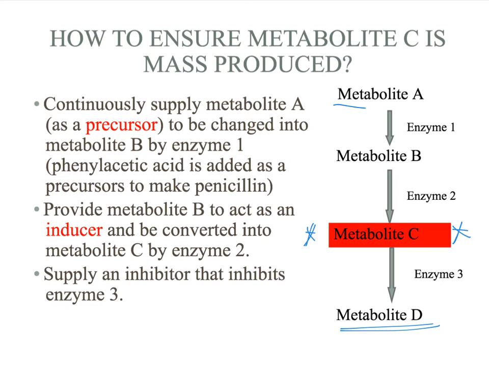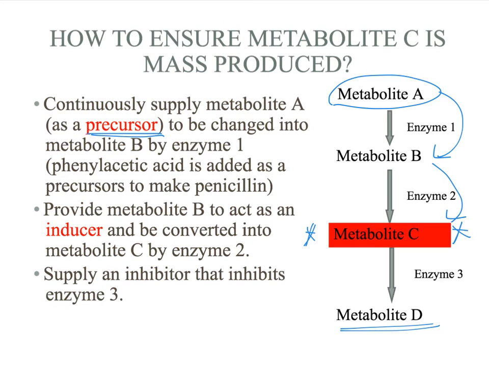Well, you can continuously provide metabolite A, and when we do that we call it a precursor, in order for it to be changed into B, and then in turn that will get changed into this metabolite here.